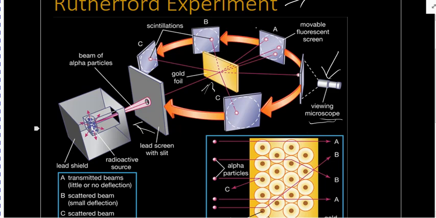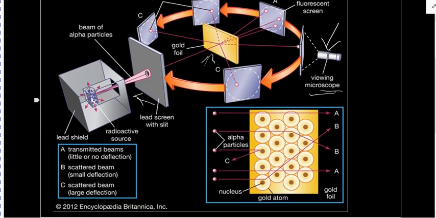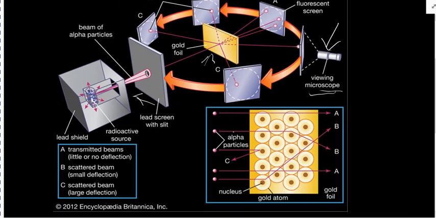So what did he find out? From this diagram here, we can get to know exactly what he found out. He discovered that some of the rays pass through the gold foil undeviated, while some got deviated, some actually return back, and some got deviated at different angles.